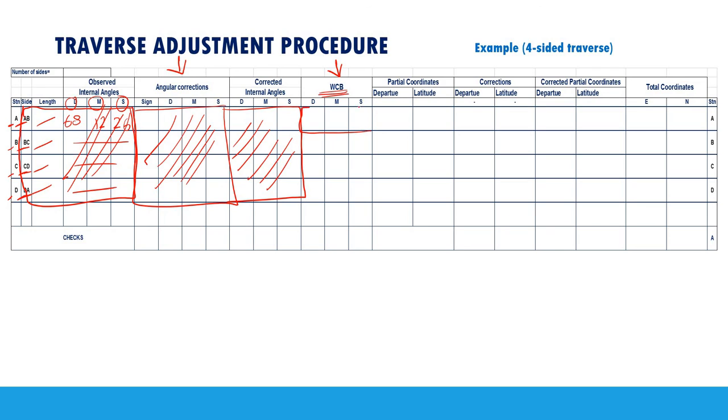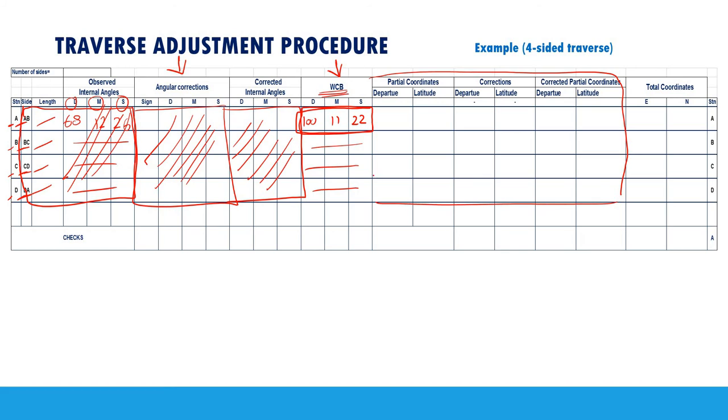So we've been given the whole circle bearing of AB. In this case it was 100 degrees, 11 minutes 22 seconds. Just transfer this number here and then you will learn how to calculate the rest of the whole circle bearings. Once you've done them, you are going to work on the departures and latitudes in this section here.